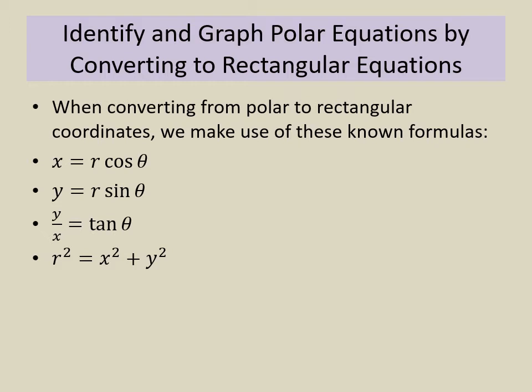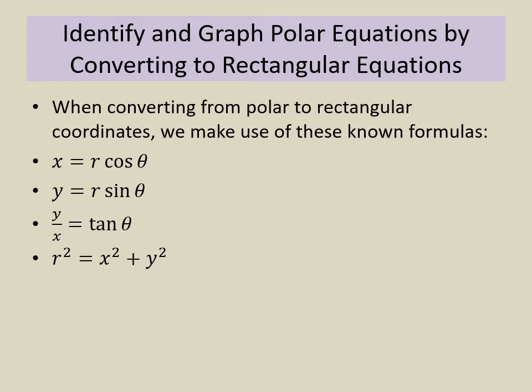So let's review what we know from before. First, how to convert from polar to rectangular coordinates. So our first objective here is not necessarily to graph on the polar coordinates, but we're going to cheat. How are we going to cheat? Well, we know how to convert from polar to rectangular.